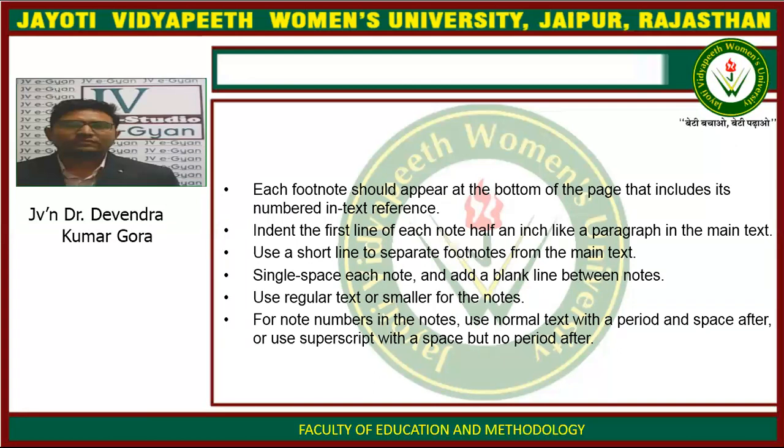You can use the tab key on the left side of the keyboard, with the two arrows. Once you press the tab button, it will be a 0.5 indent. We can use a short line to separate the footnotes from the main text. If we are using a Word file on the computer, that will be automatically inserted, which I will show you later on.